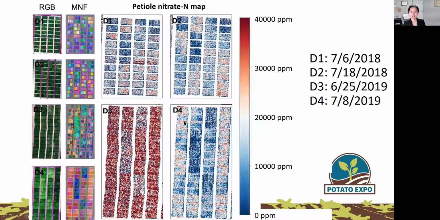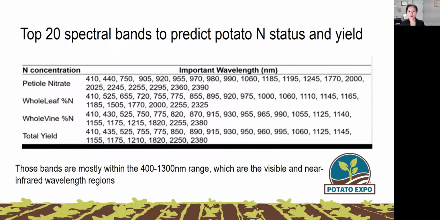So like I said, I start to build more confidence around those tools that use hyperspectral remote sensing to predict the in-season potato nitrogen. We also found the top 20 spectral bands for efficiently predicting the potato nitrogen and yield.